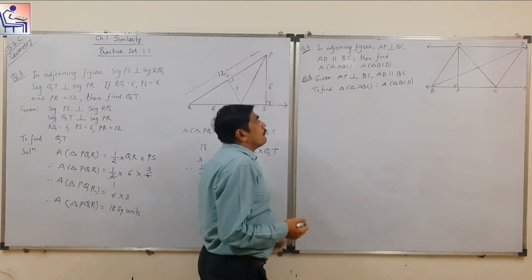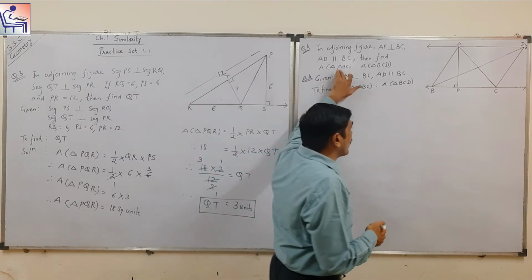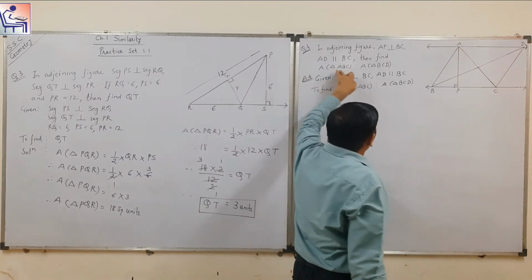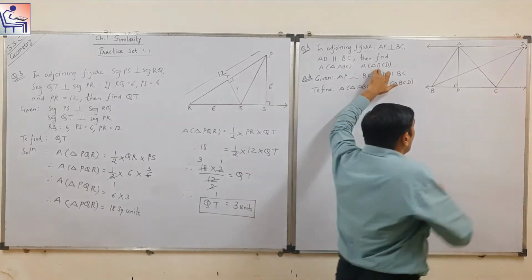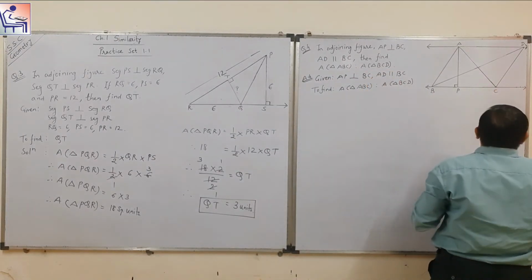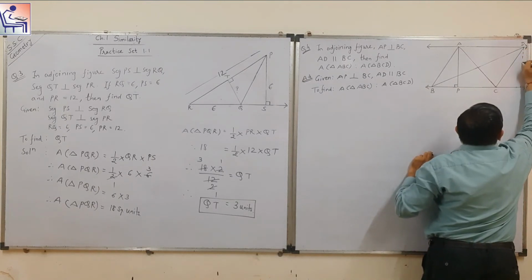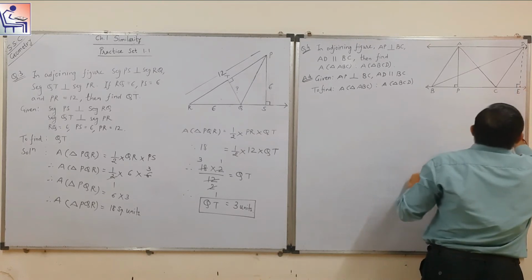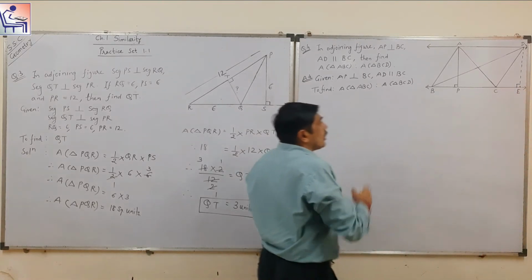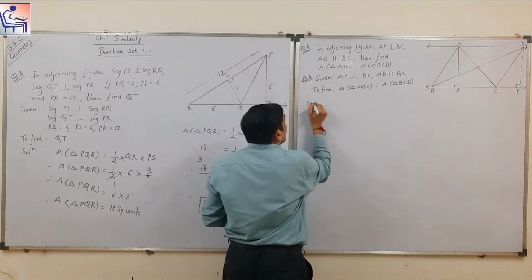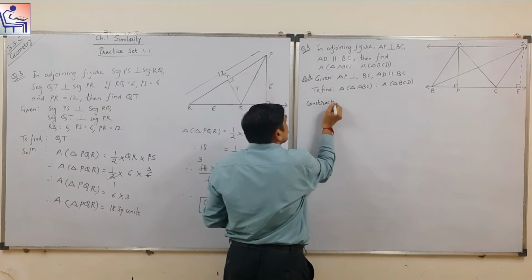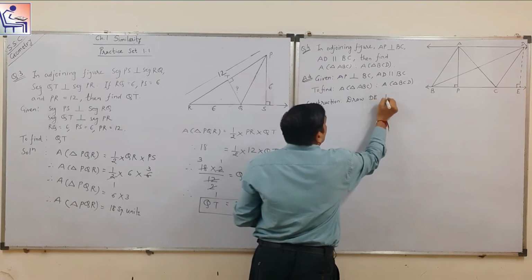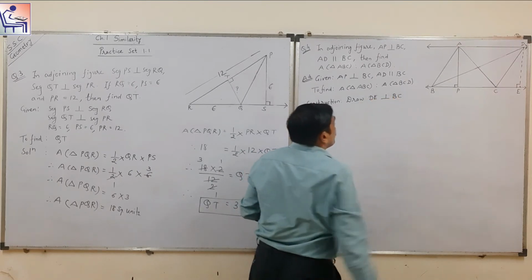And now if you notice here, in area of triangle ABC, BC is the base and height is AP. But for triangle BCD, here we are getting the base but we are not getting the height, so I will take it as a construction and I will draw a line. Here DE is perpendicular to BC. So I will write construction: draw DE perpendicular to BC.